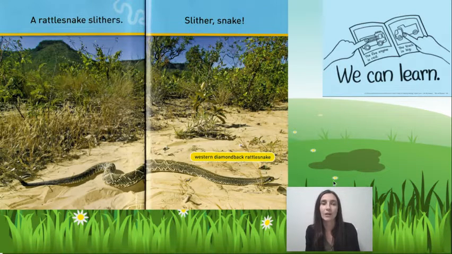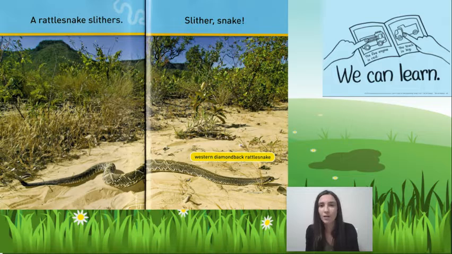We can learn. A rattlesnake slithers. Slither snake. Western diamondback rattlesnake. This snake lives in a place where there is sand, and we see bushes, and back here we see a mountain. Very interesting.